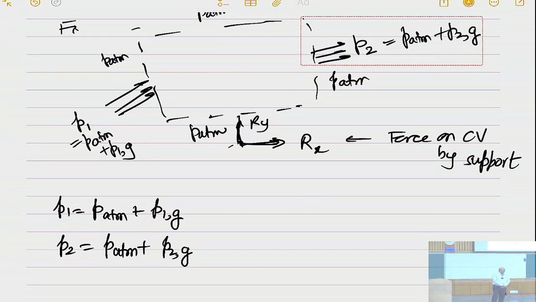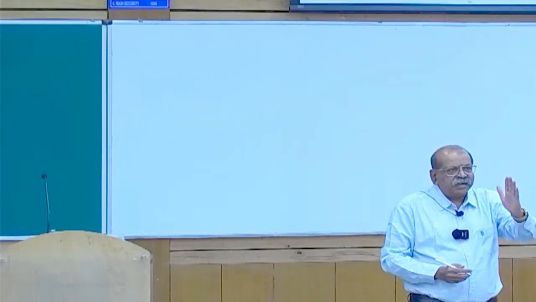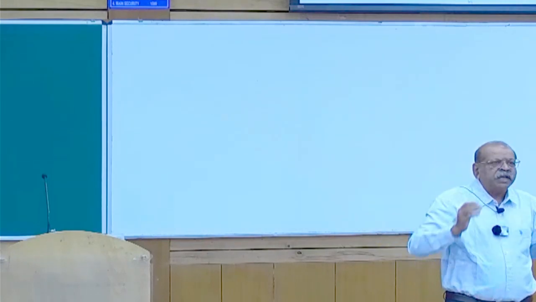So, why am I doing this? Now, when I do this, I can write this as P atmosphere acting on the full control volume plus P1 gauge acting at A1 and P2 gauge acting at A2.